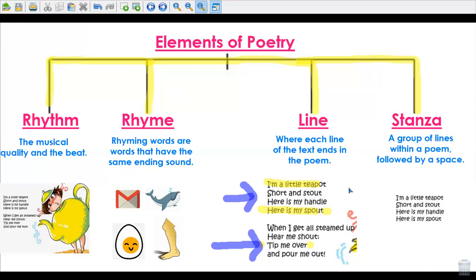You have paragraphs, but in a poem, you have stanzas. And you can pause the video right here to write down what a stanza is, and then write down the definition. Now, once we've learned our 4 elements of poetry, you should have this tree map with your 4 new vocabulary words, a title, and the definition of each vocabulary word, and even maybe some examples underneath it in your reading skill notebook.